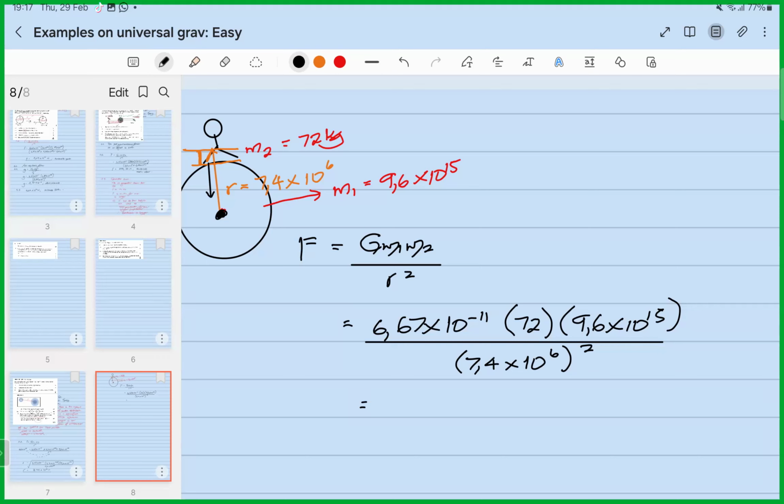The answer? It shouldn't be very large. I'm guessing something like 500 newtons, maybe even less. Let's see what's the mass of Phobos. Oh, much less.